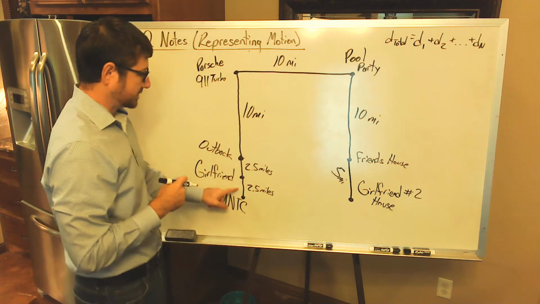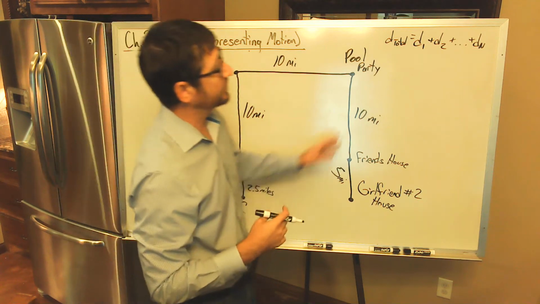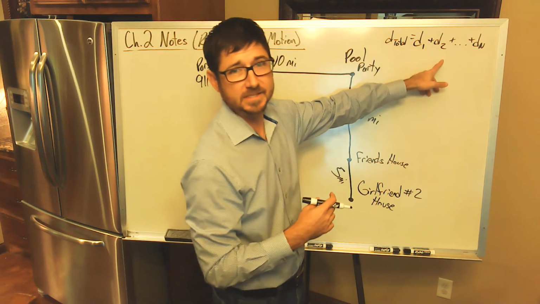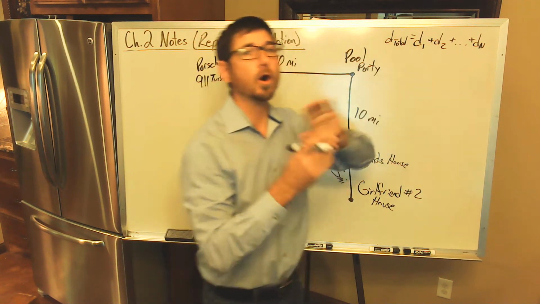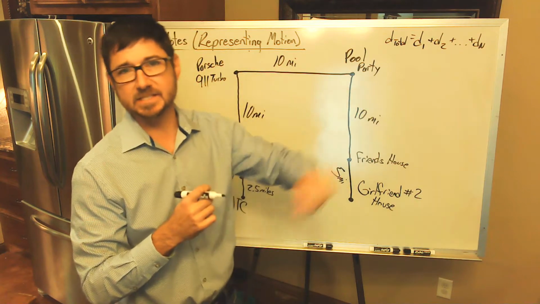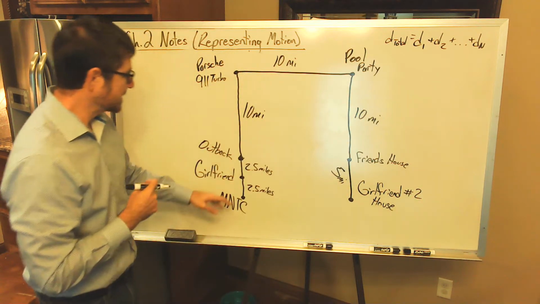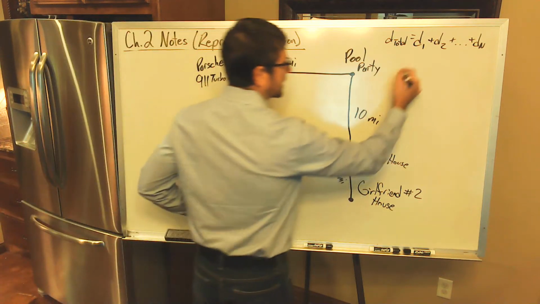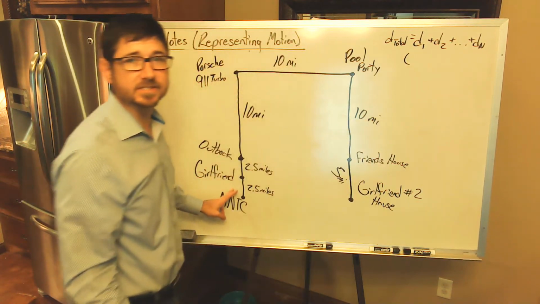So if we have 15 different distances, what we have is d sub 1 plus d sub 2 plus d sub 3 all the way through d sub 15, okay? So let's sum these values right here. Now just put them in parentheses to separate.